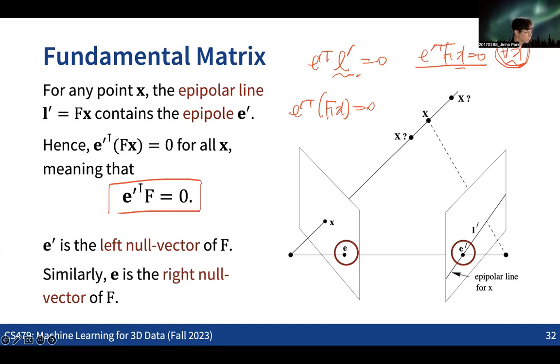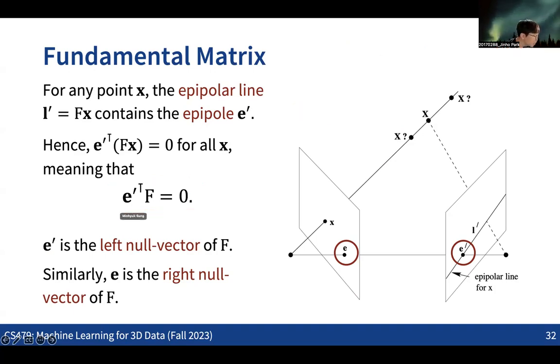So how can we find the epipole? Given the fundamental matrix F here, we can find the epipole as the vector that satisfies this. This means that the epipole, E prime, becomes the null vector of the given fundamental matrix.